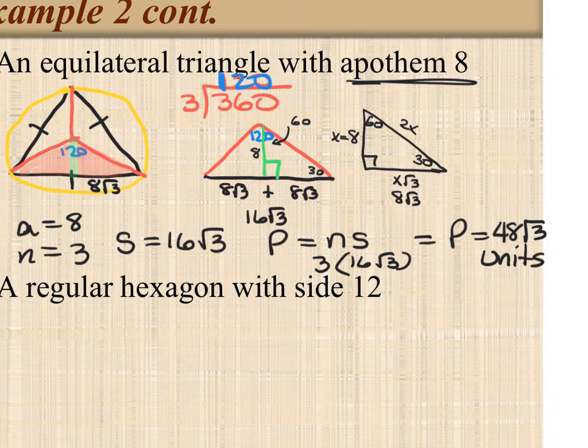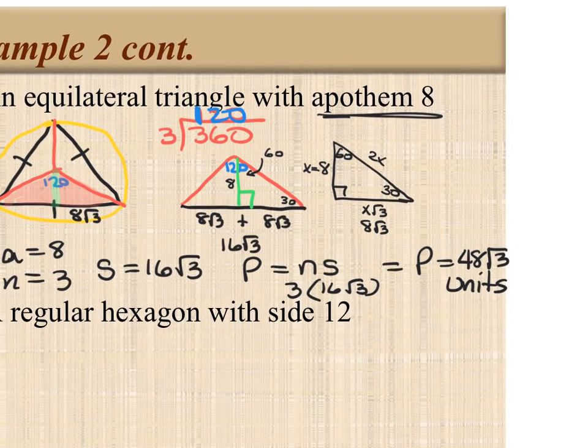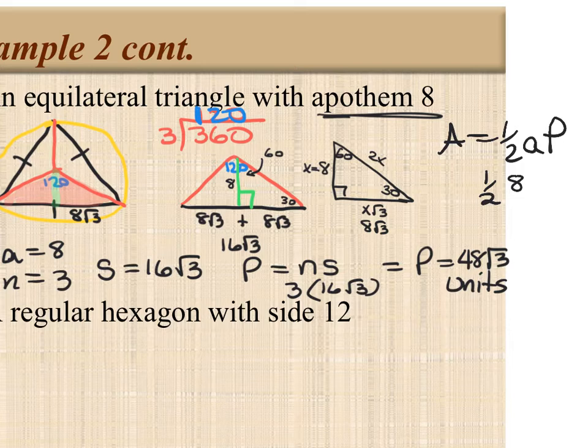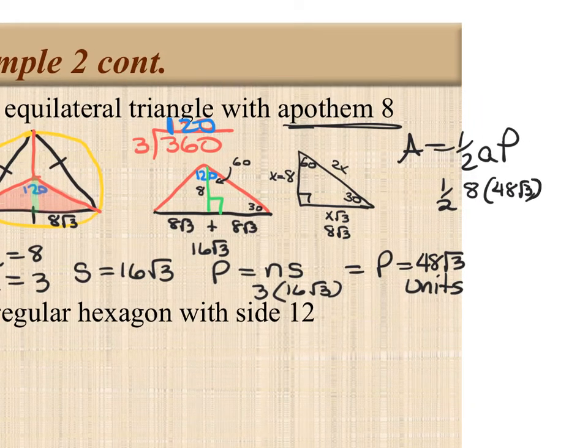For the area, I'm going to be using the formula 1/2 apothem times perimeter, because I just calculated the perimeter. My apothem was 8. It was given to me at the beginning. And my perimeter is now 48 square root 3. Now, you can either choose to do 8 times 48 and then divide that answer by 2, or divide one of the numbers by 2, and then you've got a smaller thing to work with.